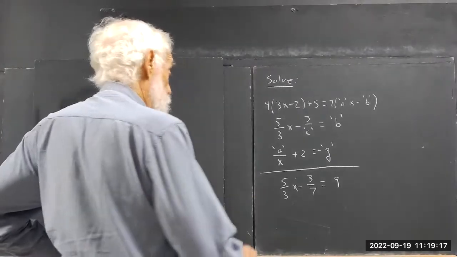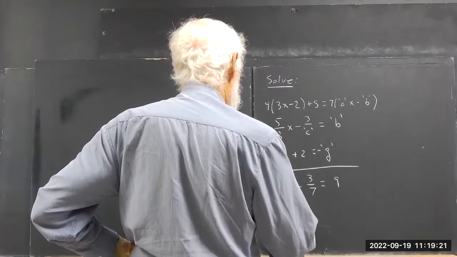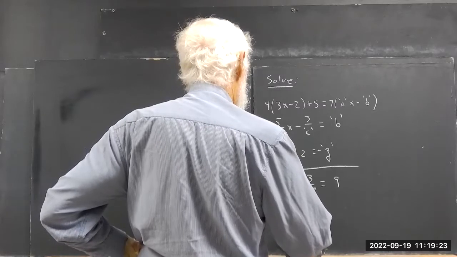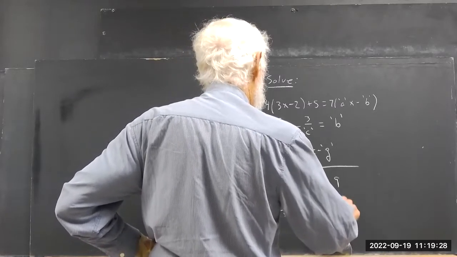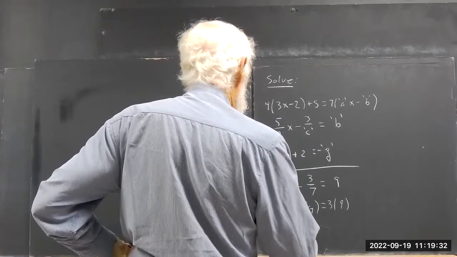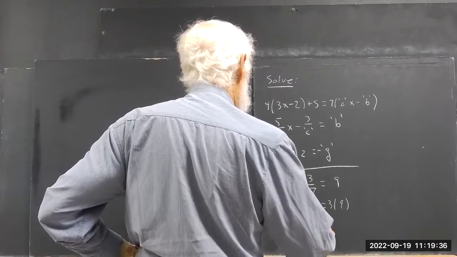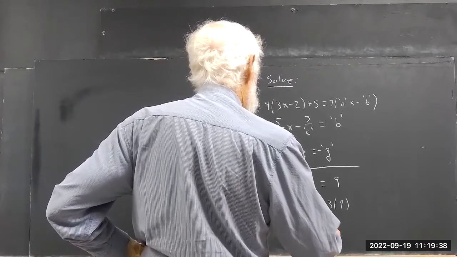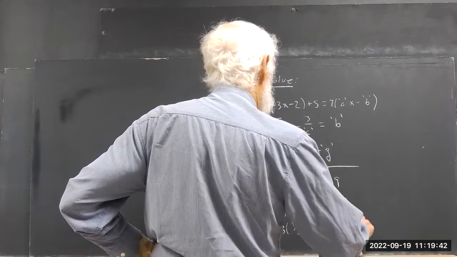I multiply both sides by 3. So we've got 3 times 5/3 x minus 3 times 3/7 equals 27.